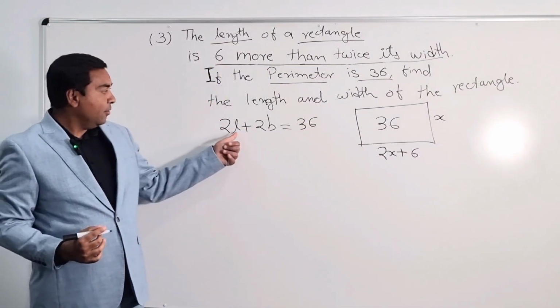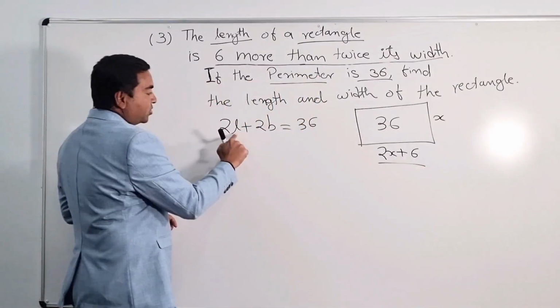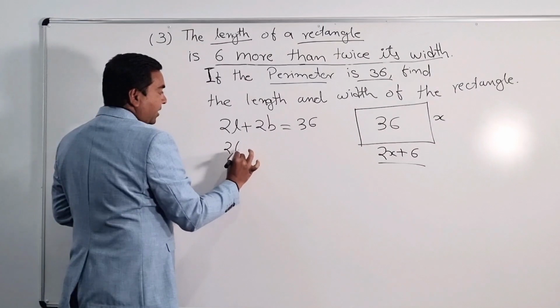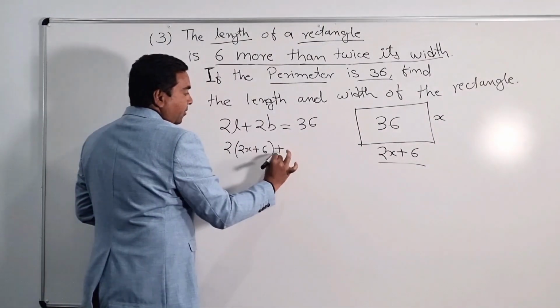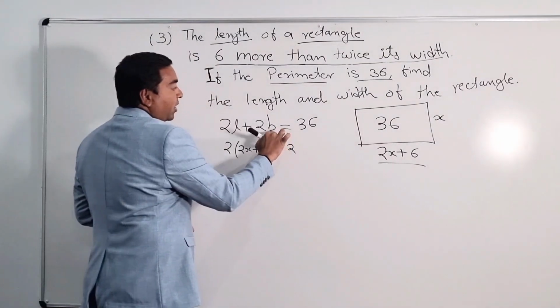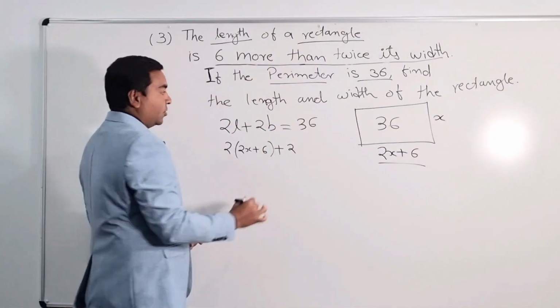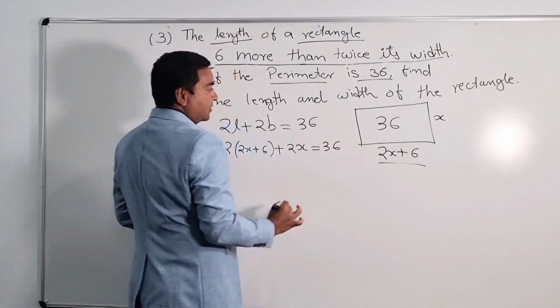Yeah. Now length, what is my length? 2x plus 6. So I'm going to substitute my length, 2x plus 6. So 2 into bracket 2x plus 6, plus 2. What is my width? The width I had taken is x. So 2 times x equal to 36.